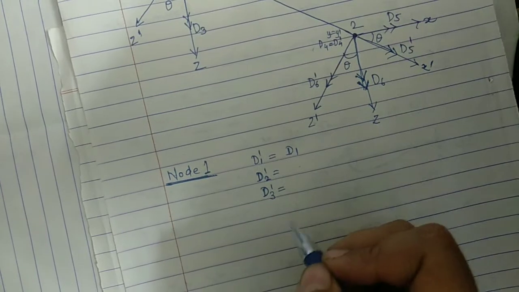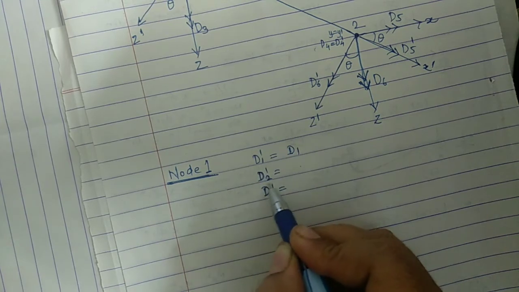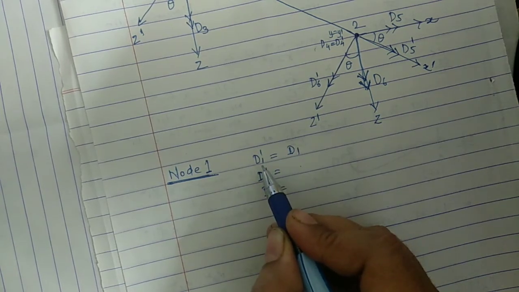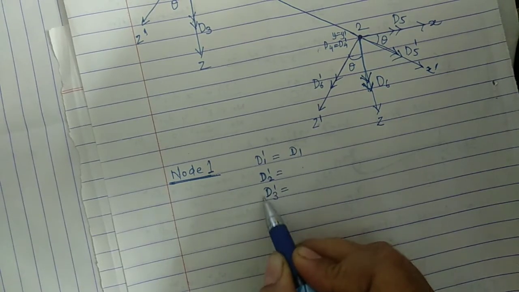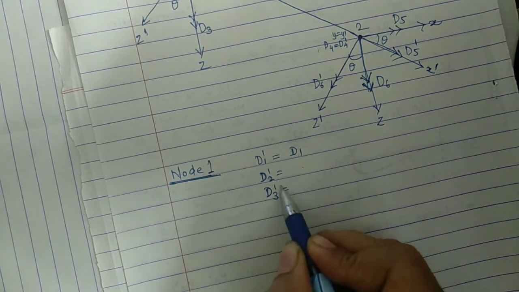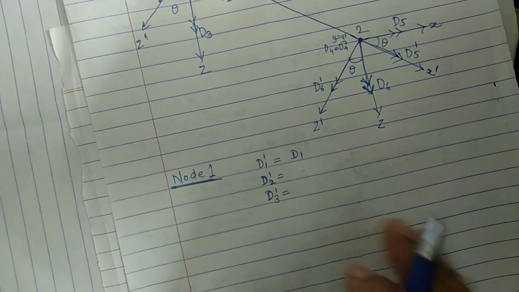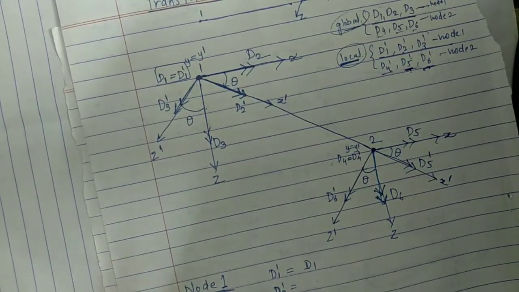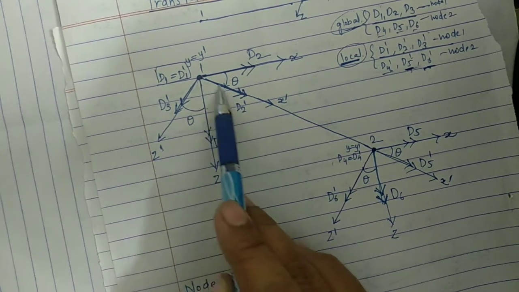So here we have to form a triangle in such a way that this d2 dash becomes the hypotenuse. That will be figure 1 at node 1, and the next figure in such a way that the third degree of freedom, d3 dash, is the hypotenuse. Let us see the figure here. Node 1, see d2 dash, it is here.